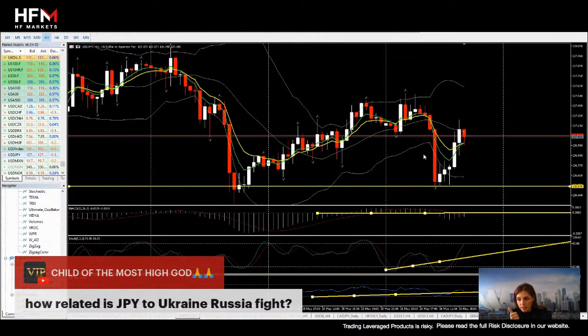If we have a risk appetite, then yen tends to be stronger. That's why we have seen a strong yen but a weak dollar. If we have an easing of the risk appetite, a risk off, then we have a lift of dollar yen higher, so a weaker yen. So it has to do with the sentiment, as I already mentioned.